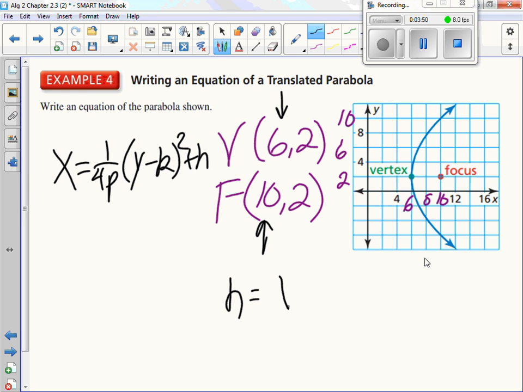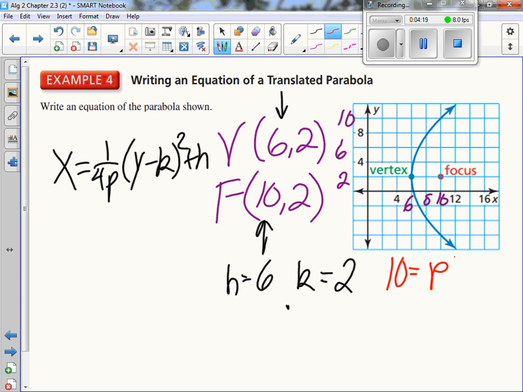Now we need to find h, k, and p. As we saw yesterday, h and k are not too hard to find, because the values of h and k are the vertex, 6 and 2. The focus x value is p plus h.